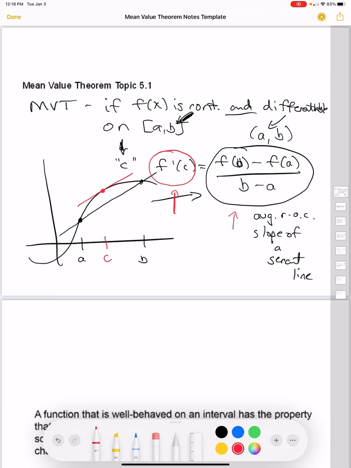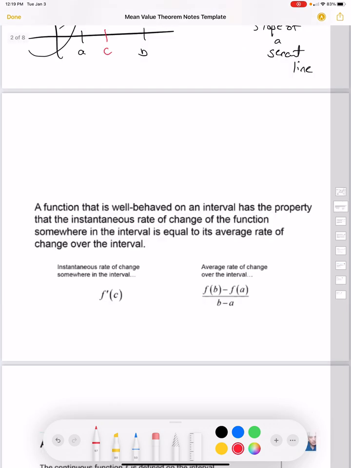All right? You need to understand this progression, especially for the AP world. We start off thinking f of x is differentiable. If it's differentiable, then it's continuous. If it's continuous, then the mean value theorem applies. All right? So let's take a look at this next slide.